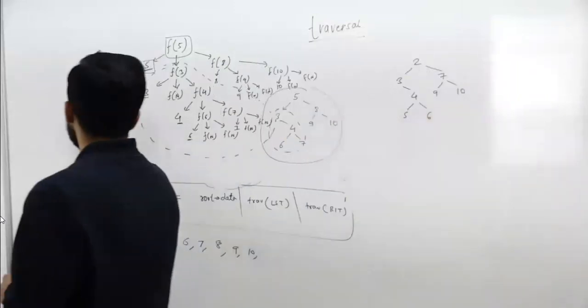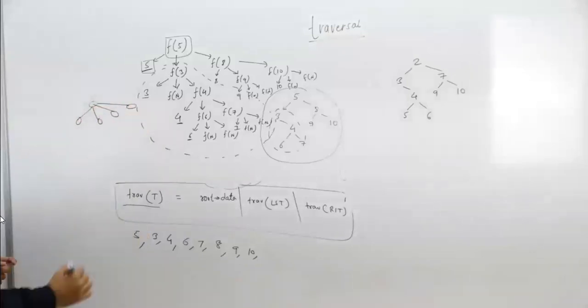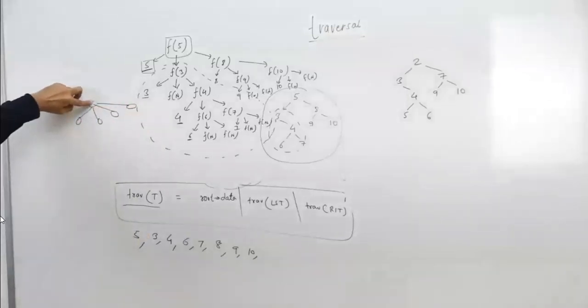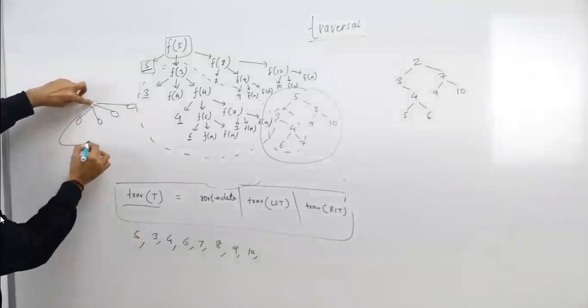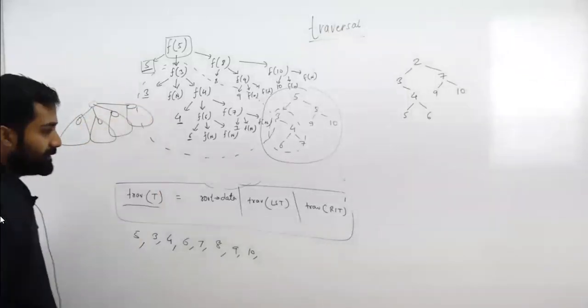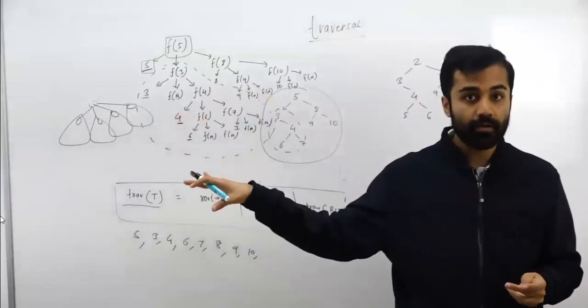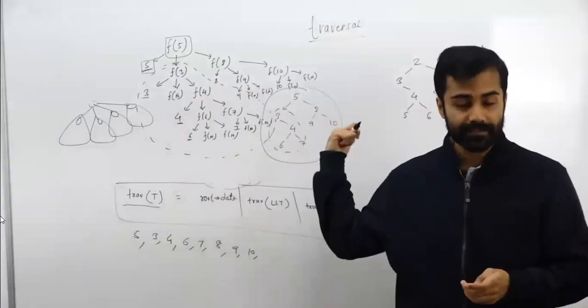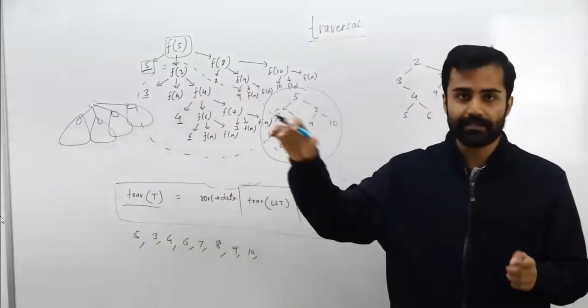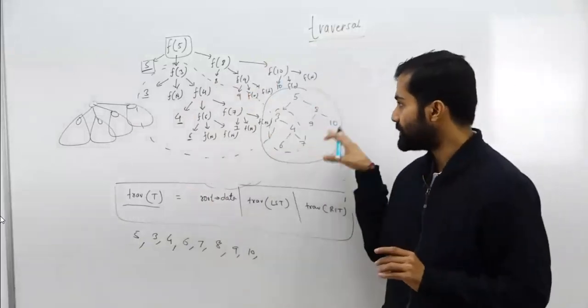For example, if you have such a tree, then you will have to say that first I'll print this, and then I'll print the leftmost, then this, then this, then that. So this is just going to be a generic form of whatever you have learned right now. But I would recommend you master this first and then go to that. Otherwise, you will be confused and you will not be able to learn anything. So first master this particular thing.